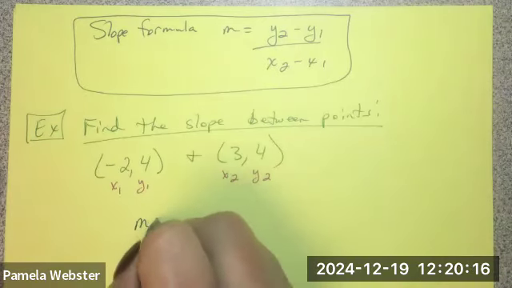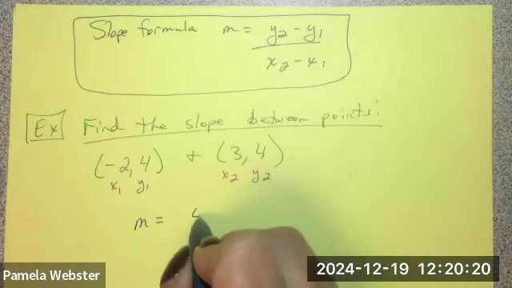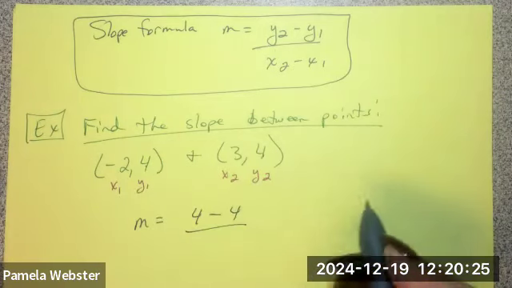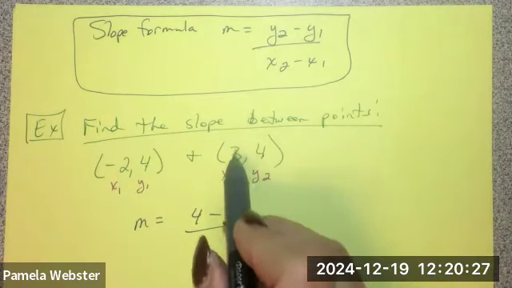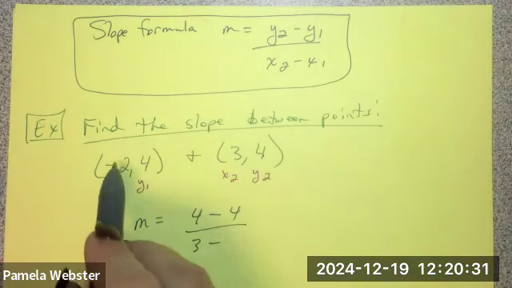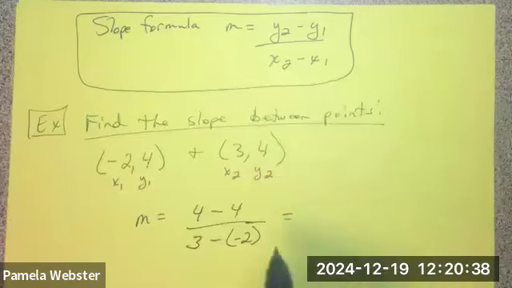So I'm going to say m equals, okay, and it's y2 minus y1. So 4 minus y1 is 4. And on the bottom, I've got x2 minus x1, 3 minus a negative 2. Now, 2 things are happening with this, and I want to make sure we get both of them, okay?